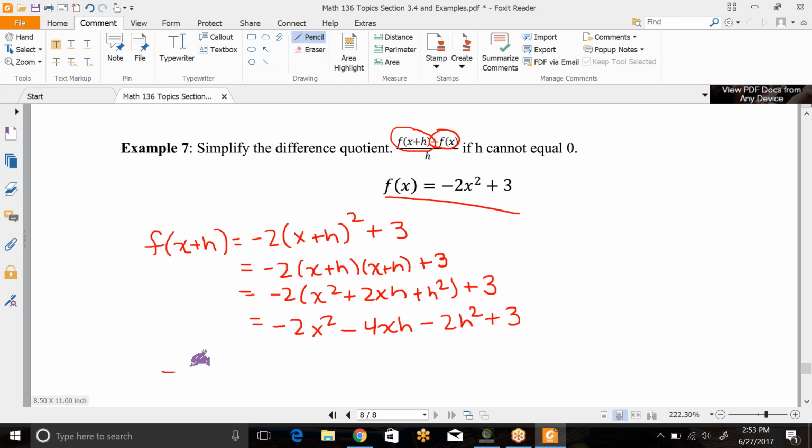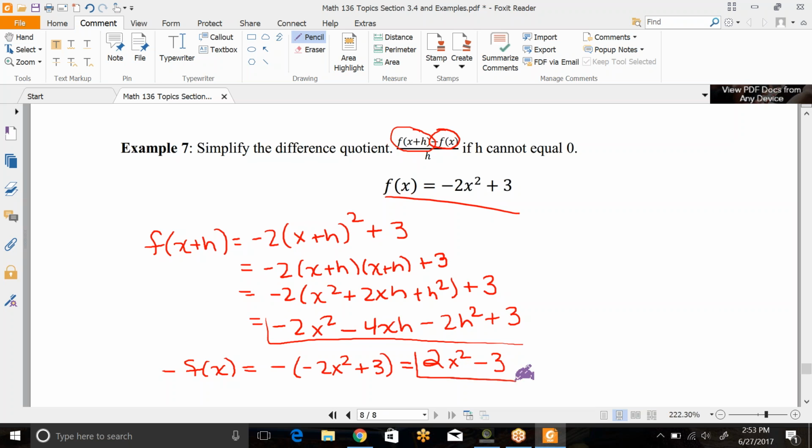The second thing we want to do is negative f of x. Negative f of x is really easy. You just put a negative sign in front of the original function and you distribute it. So that would be 2x squared and minus 3. So this part right here and this part right here are our numerator for this formula.